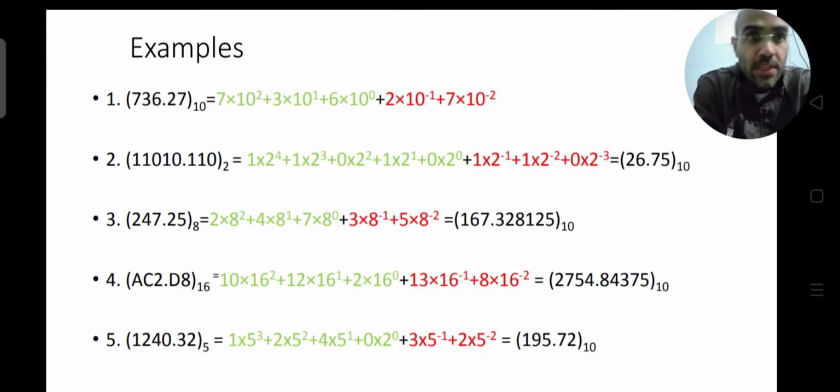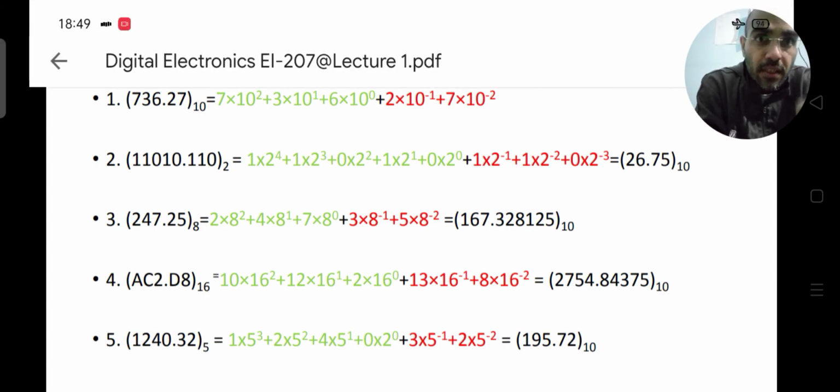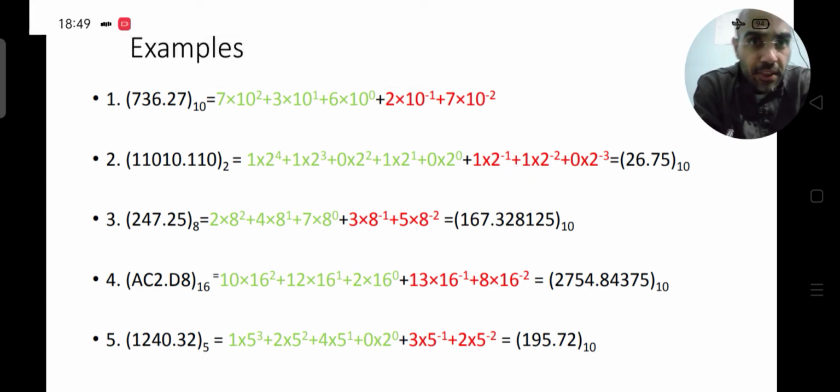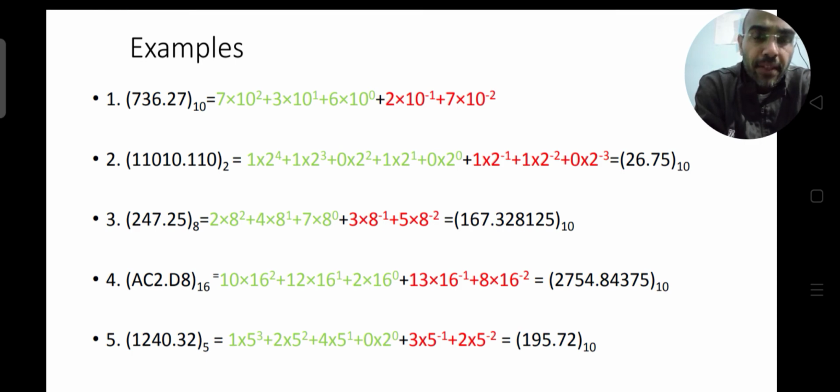Now if we do the same thing after this point, then we have to consider the digit, the bit, and the bit has to be multiplied with the minus power of the base. So it is 1 into 2 to the power minus 1 plus 1 into 2 to the power minus 2, then 0 into 2 to the power minus 3.